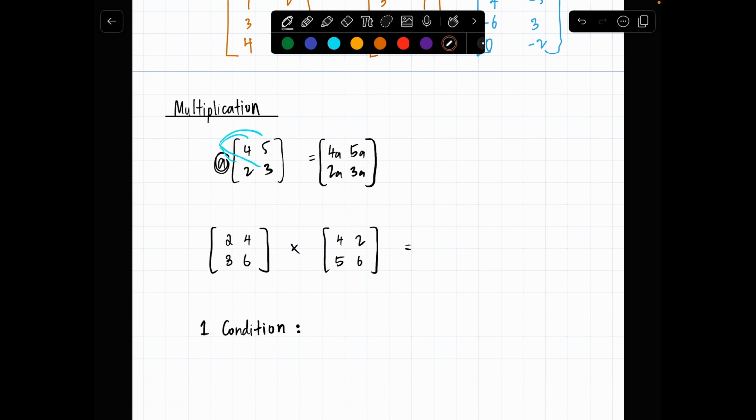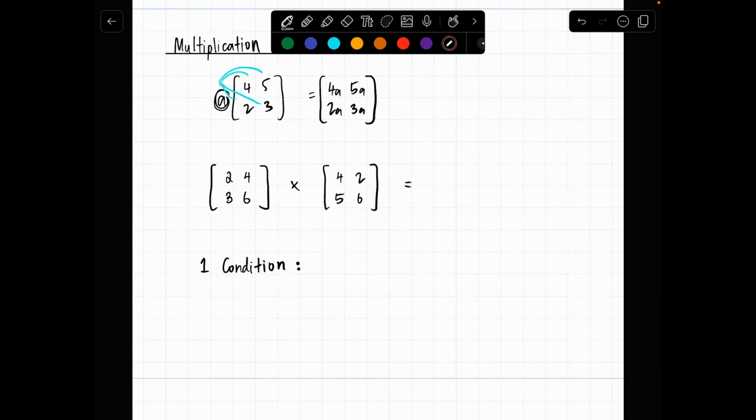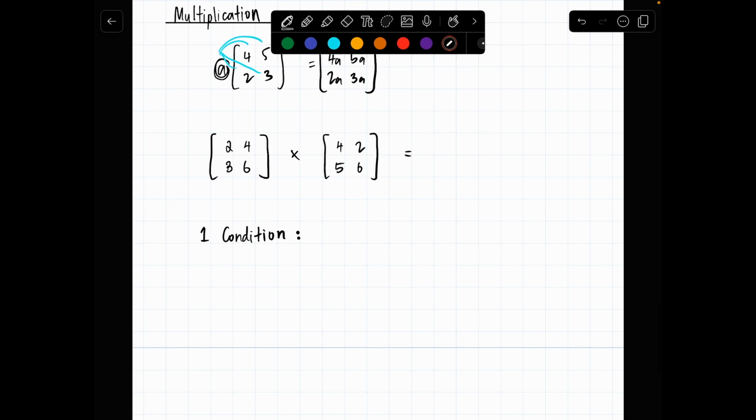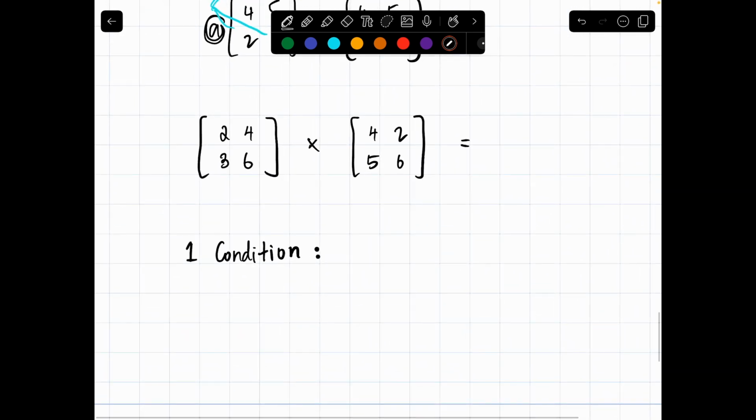When it comes to multiplying two matrices together, we have a bit of complexity. There is a condition that has to be fulfilled before we can multiply two matrices. The condition is that the number of rows and the number of columns must correspond to each other. Let me tell you what I mean. So the rule is that, for example, the first matrix has the matrix arrangement of m times n.